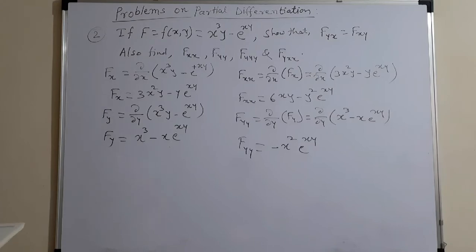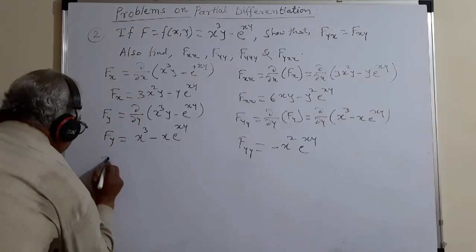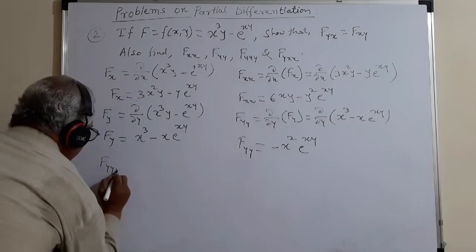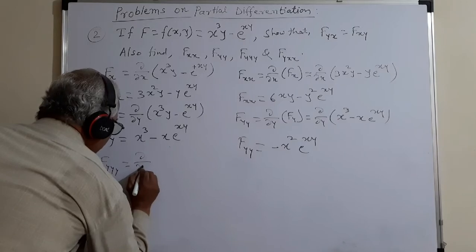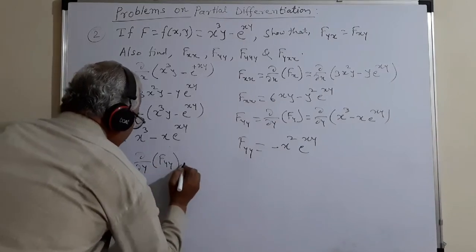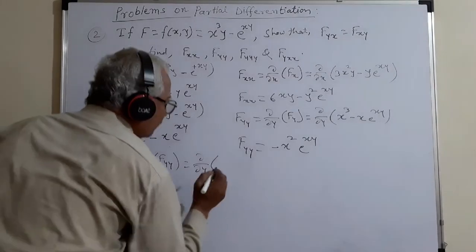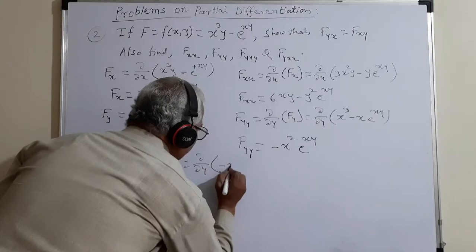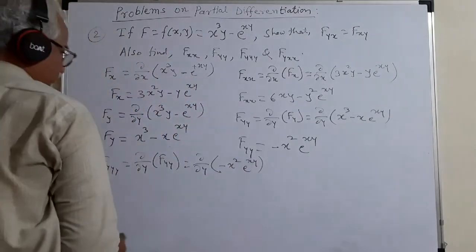Now we want to obtain the expression for fyyy. So to get fyyy, we have to differentiate fyy with respect to y partially, or this is nothing but dou by dou y of fyy, which is minus x square e raised to xy.